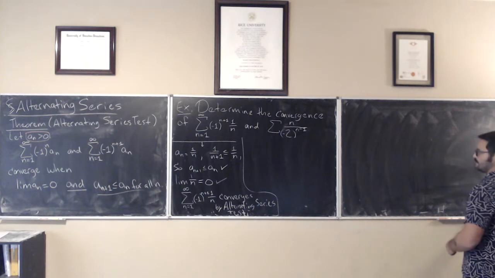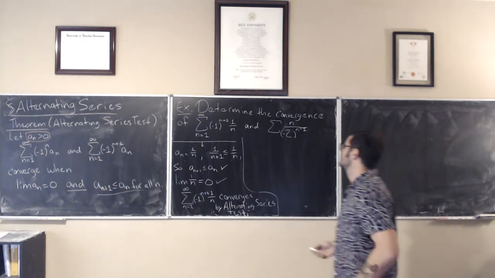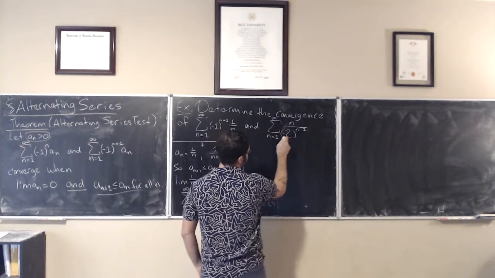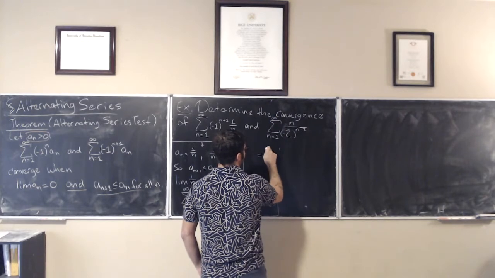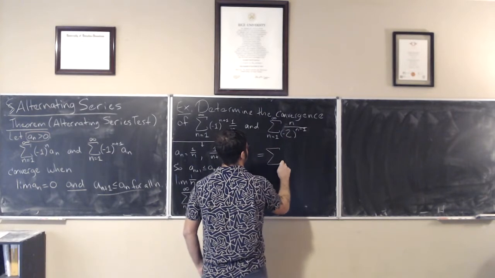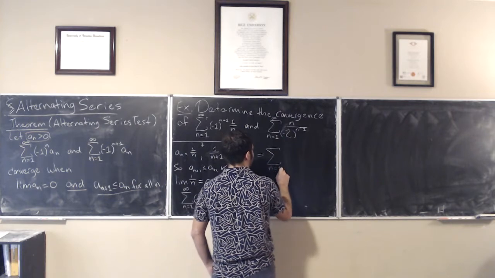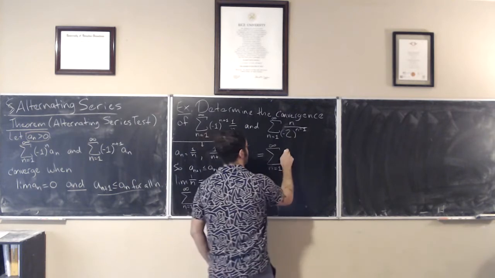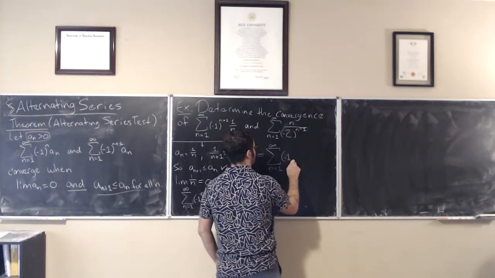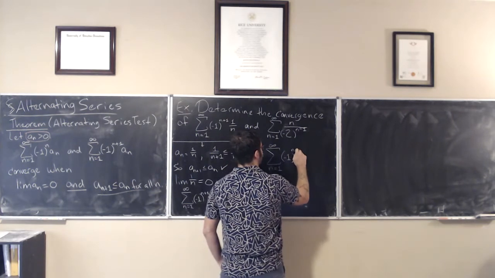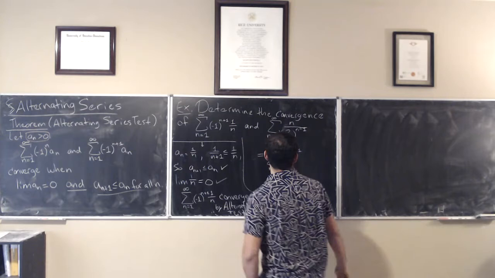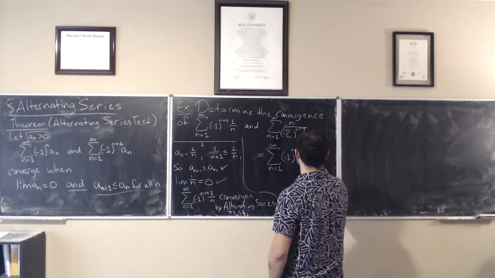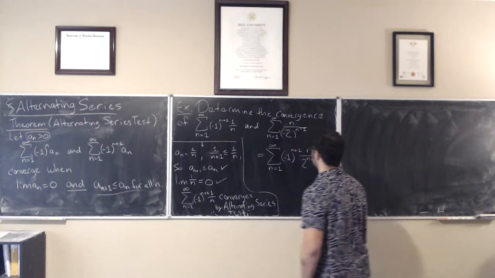In fact, we can say that this series, n equals 1 to infinity, is actually equal to, if we think about it carefully, minus 1 to the power n plus 1 times n over 2 to the power n minus 1.